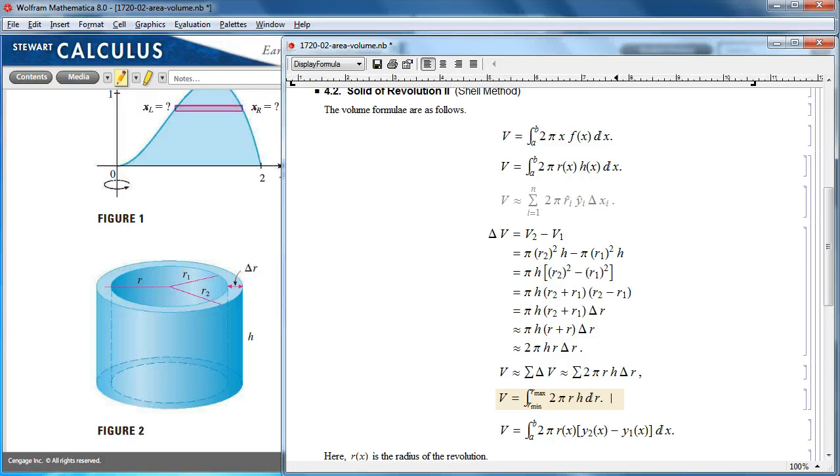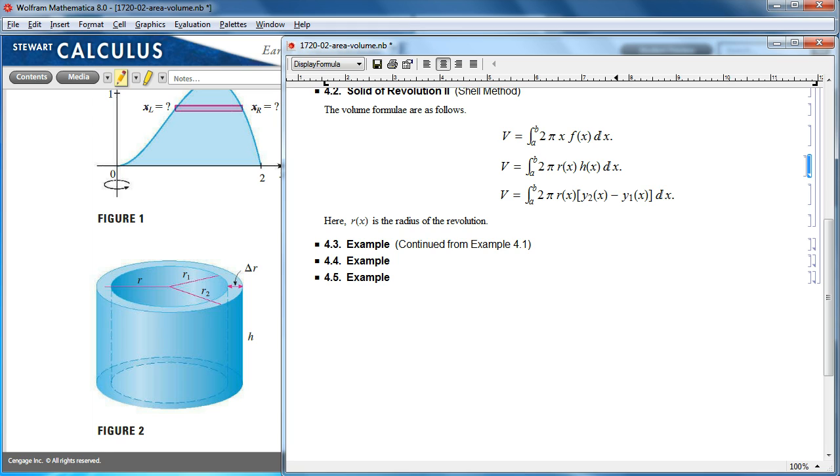And that generates the original formula here, 2 pi r of x times h of x dx, because the radius is now changed into x. And that's how this volume formula comes into play. And of course, we can use h of x is y2 minus y1 in some special cases.